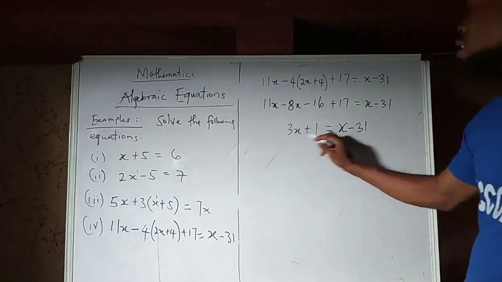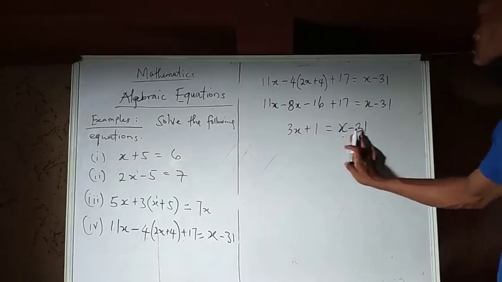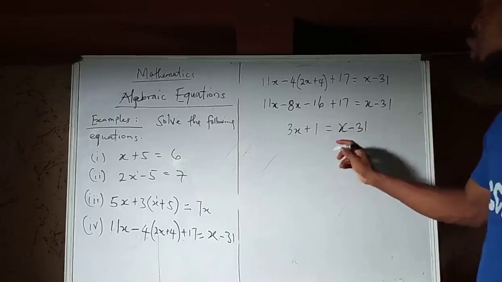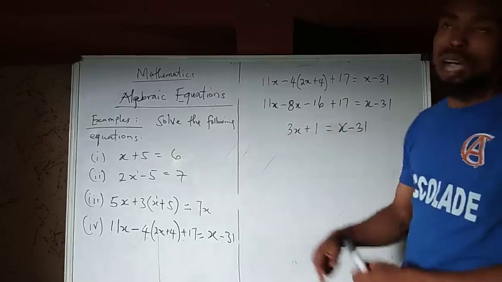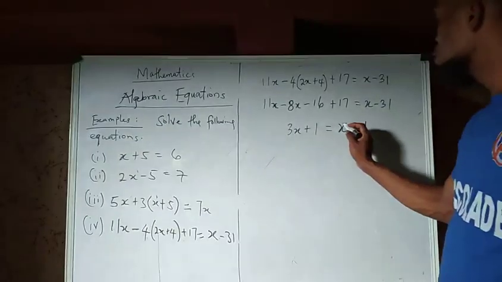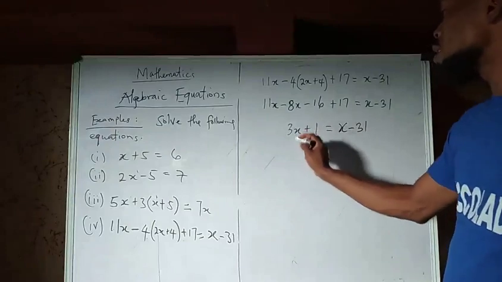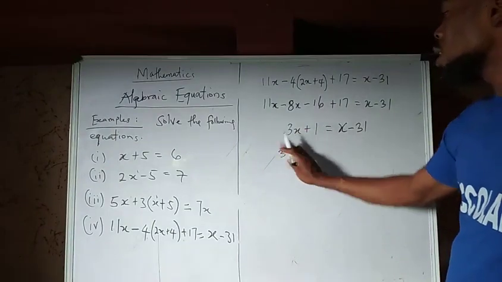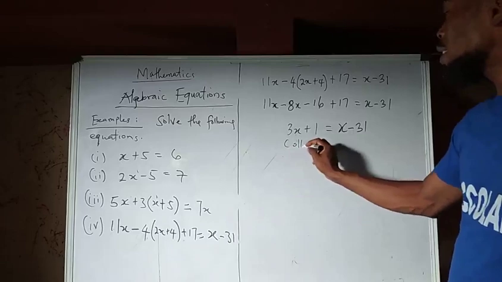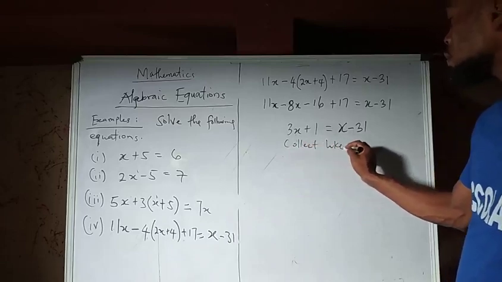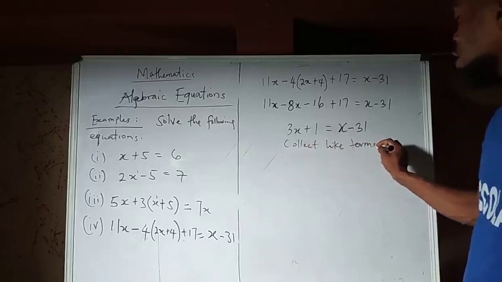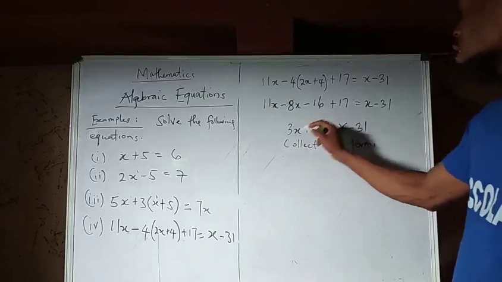It contains the unknown, the variable. Alright, so how do we make them to be on one side? We move them across the equality sign. So I'm going to move this guy to meet this guy. That's the same thing as saying collect like terms.